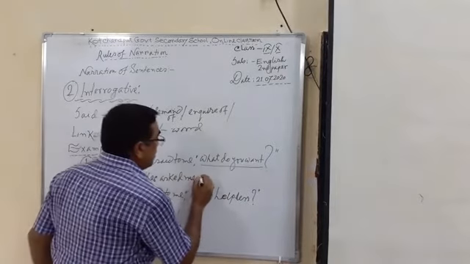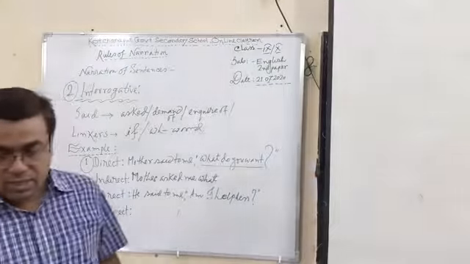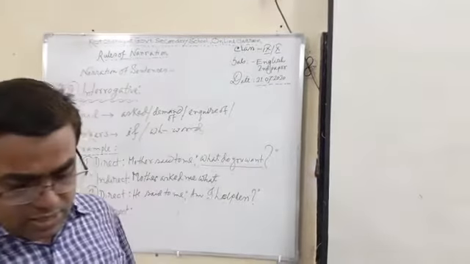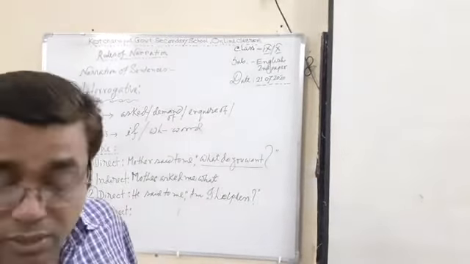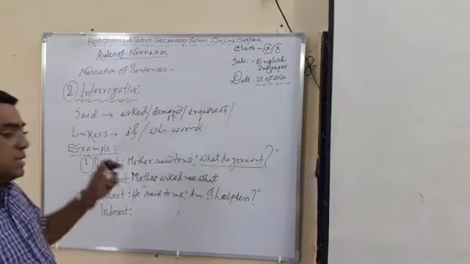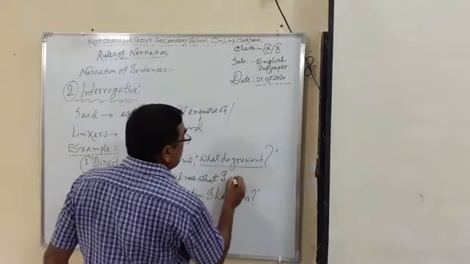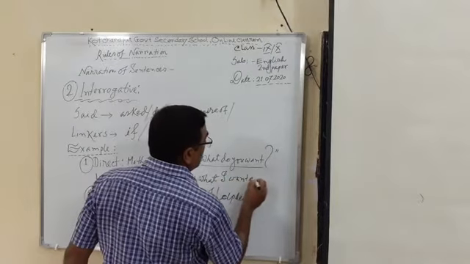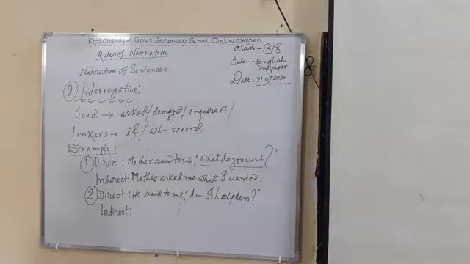So we have to use the WH word what as a linker. If the tense is present indefinite, it would become past indefinite. So what I wanted. It is simple. Mother asked me what I wanted.